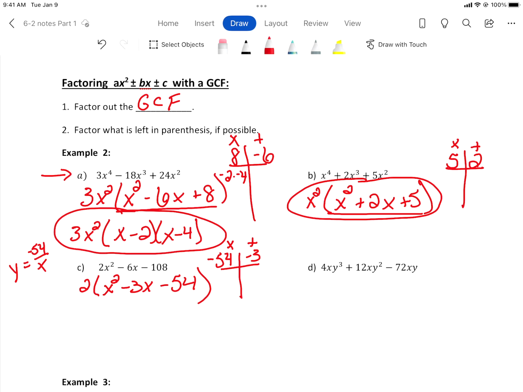It's a little helpful thing if you struggle with what multiplies. Anybody? Yep, -9 times 6 in this case. So then this would be keep the 2, x minus 9, x plus 6.